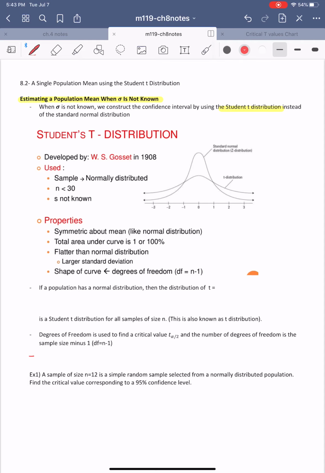Another property is as n, which is the sample size, increases, the t distribution will look more like a normal distribution.